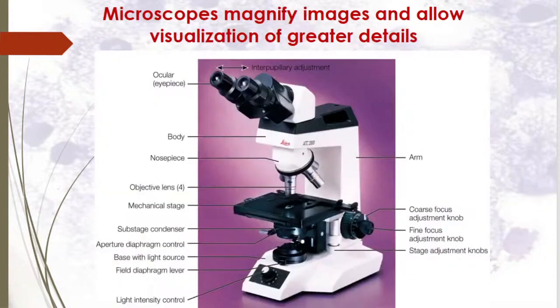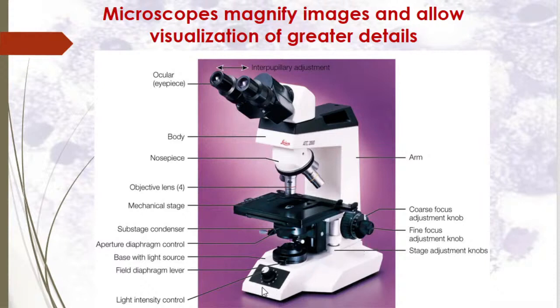The famous photo of the Leica microscope is present in many books, and I only remind you that this is the mechanical portion: the arm, the coarse focus adjustment knob, the fine focus adjustment knob, which are used for focusing in the microscope, the stage adjustment knob.